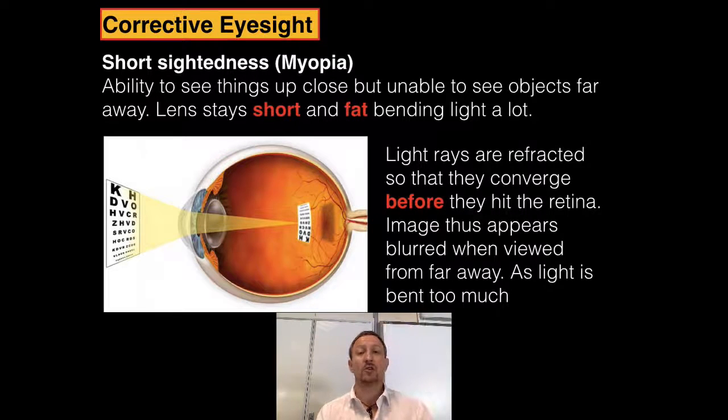Hence, when you look closely at an object from far away, you're going to see a blurred image, and the result is you're not going to be able to make it out. So we need to have some form of correction to prevent that converged image forming in front of the retina. We want it to form bang on the retina.